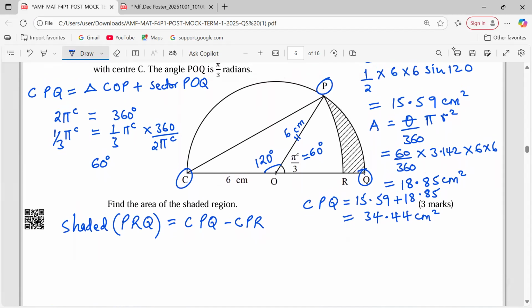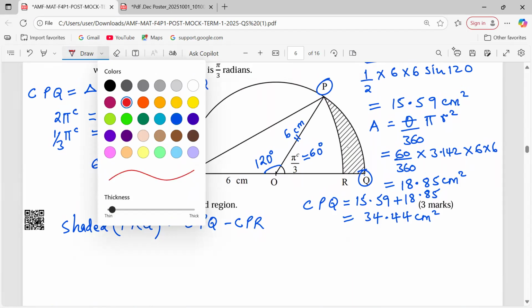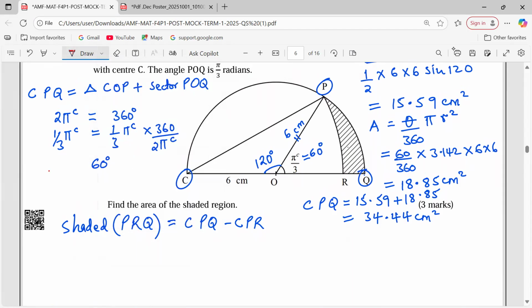CPR should be evaluated with a lot of keenness, knowing that some of the angles are very critical to identify. Let me show you how we're going to work this out. We need first to bisect here. That's a right angle.